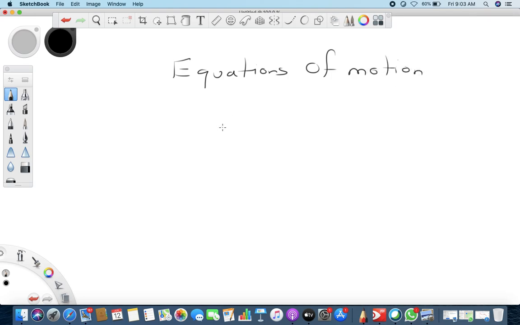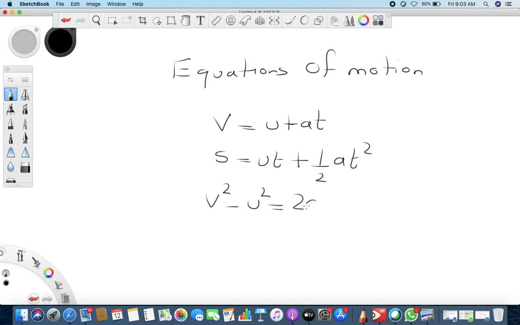There are 3 equations of motion: v is equal to u plus at, s is equal to ut plus half at square, and v square minus u square is equal to 2as. These are the 3 equations of motion.